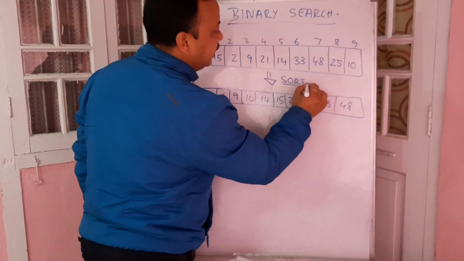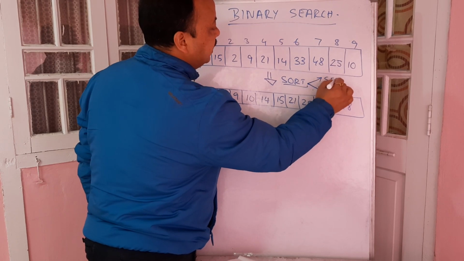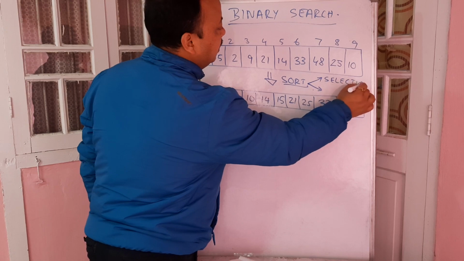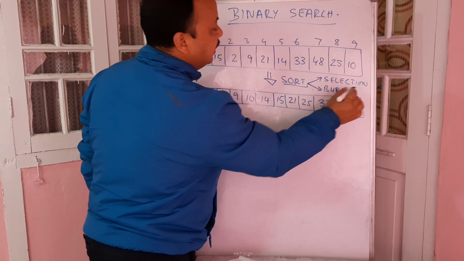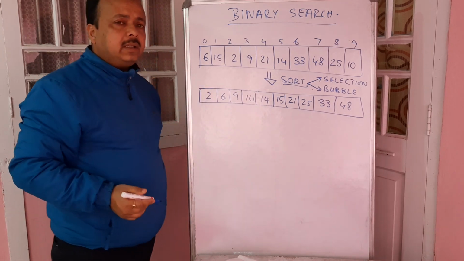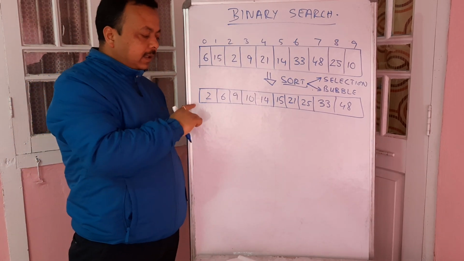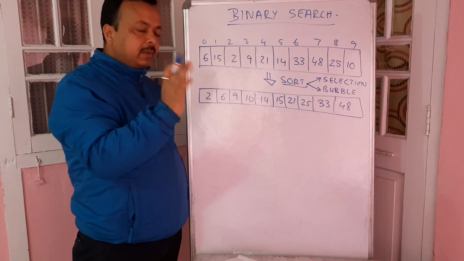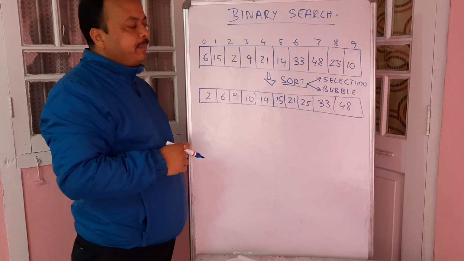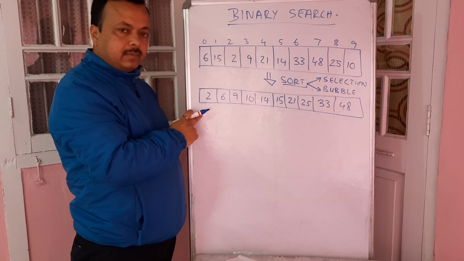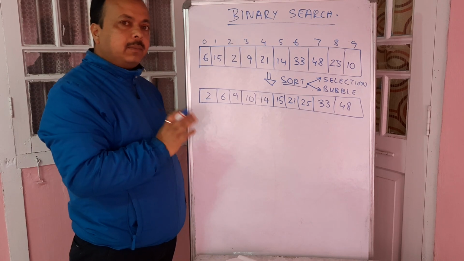The sorting algorithm that you can apply is any one of these, either selection or bubble. Understand that there are many questions in the ICSE previous year's question papers where they have already given the array in a particular order and ask you to perform the binary search.